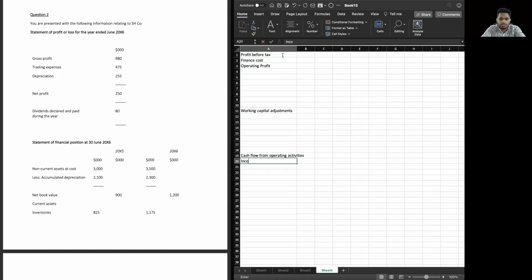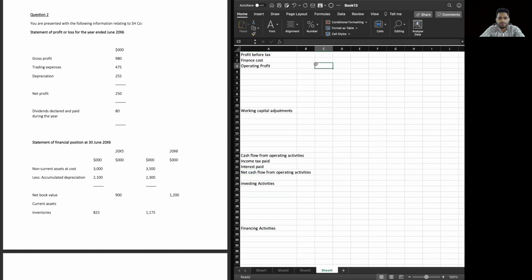Then you have income tax paid, interest paid, net cash flow from operating activities. Then you have your investing activities and financing activities.